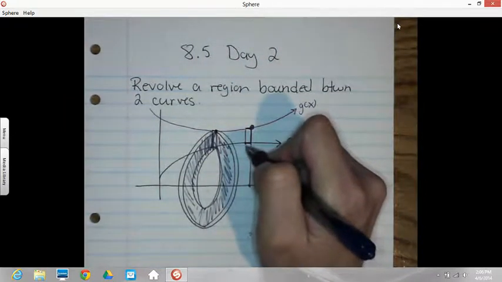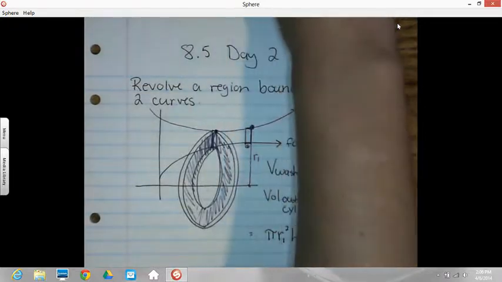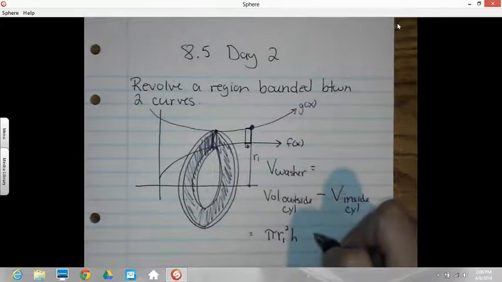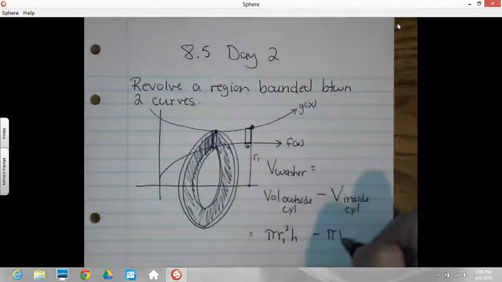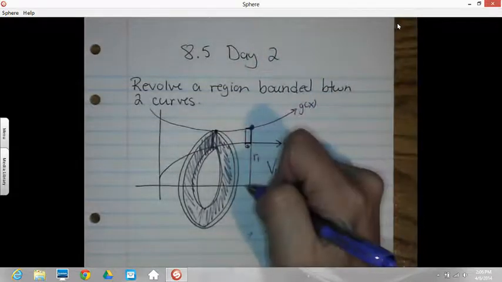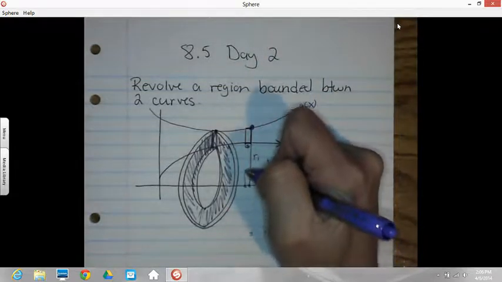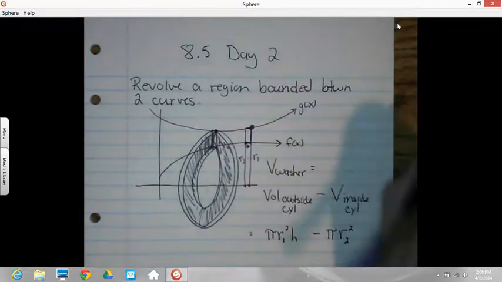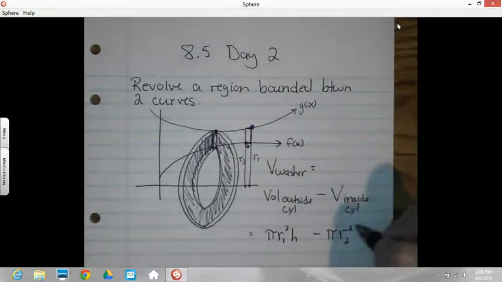Okay? The inside cylinder, it's still pi r squared, but now we'll call it R2 because it's not the same radius. This radius goes from here to the closest function. That's your R2. And the height, it's still that same width across, so it's the same height.